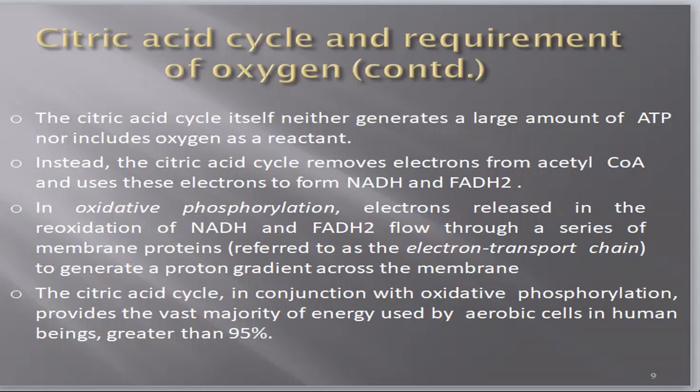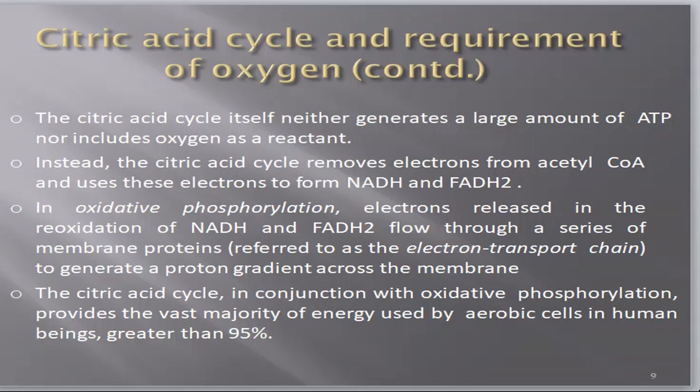So, the electron transport chain disturbance will not allow the acceptance of electrons from NADH and FADH2 further. So, the NADH and FADH2 accumulate in the mitochondrial matrix, indicating there is enough energy.